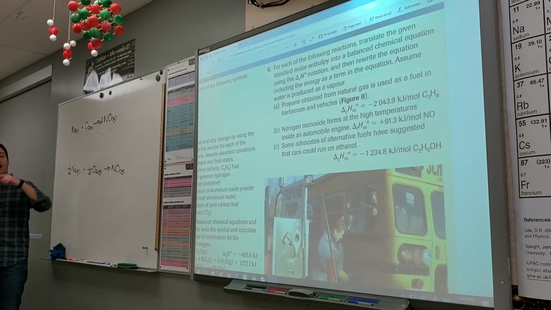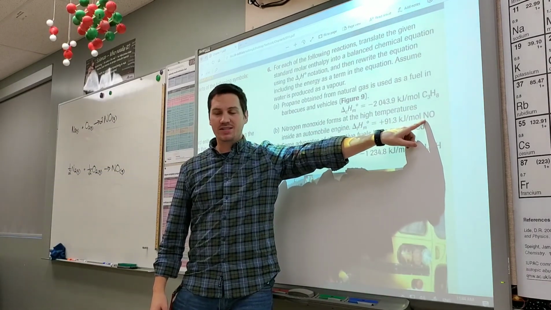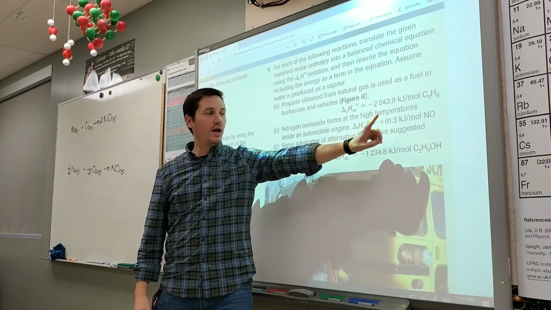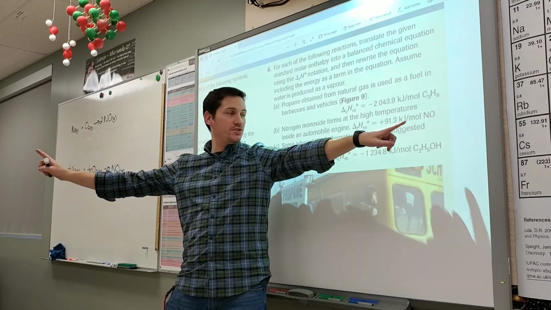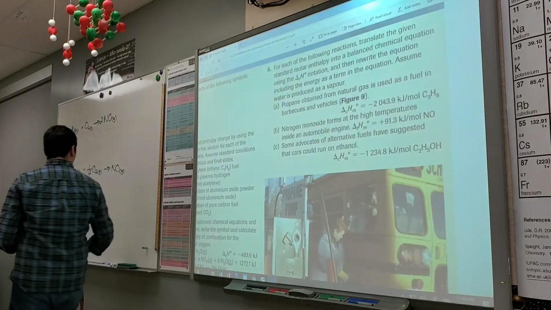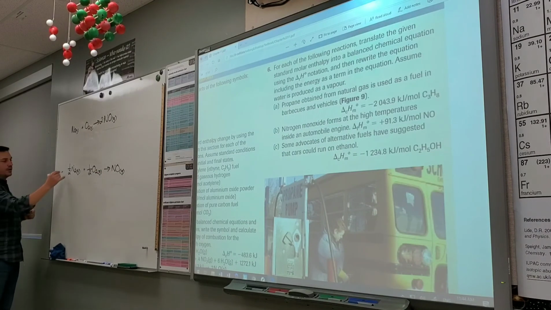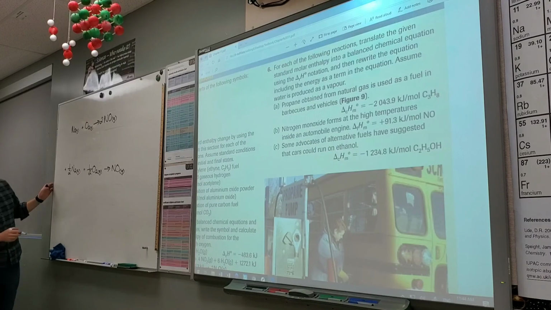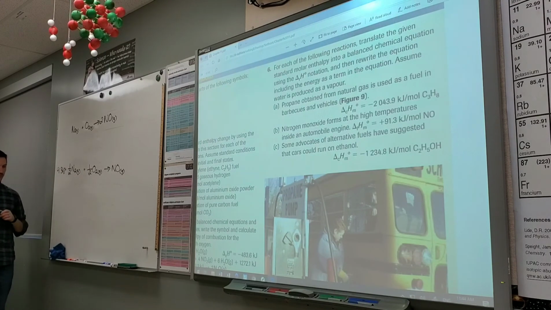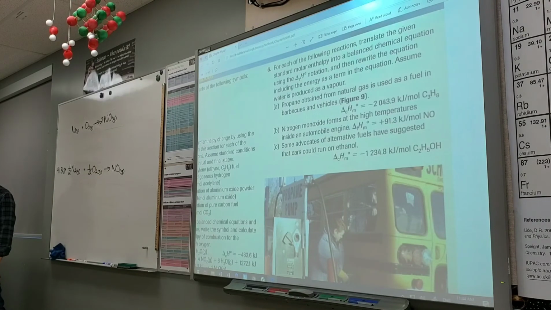How many moles of nitrogen monoxide absorb 91.3 kilojoules? 1. For every 1 mole of nitrogen monoxide, we absorb 91.3 kilojoules. What's our coefficient here? 1. So for every 1, this is how much energy we absorb.